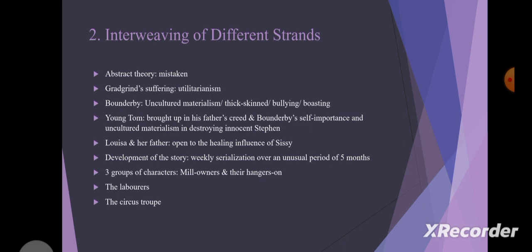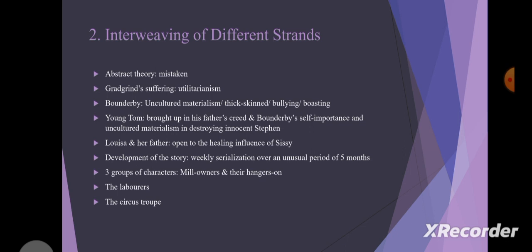And as such, he must be instrumental in destroying innocent Stephen. So this is one of the important aspects of this story, that this self importance and materialism, which was completely uncultured, destroyed innocent Stephen.